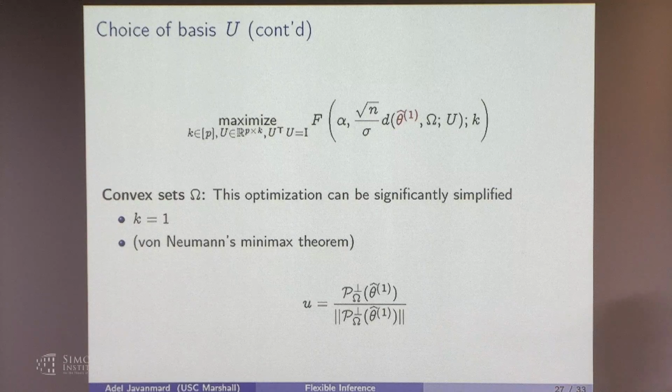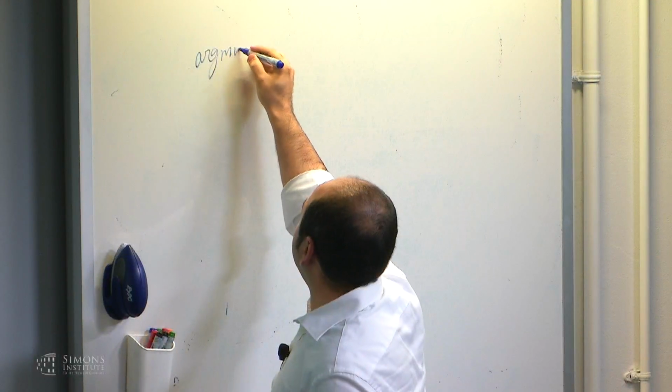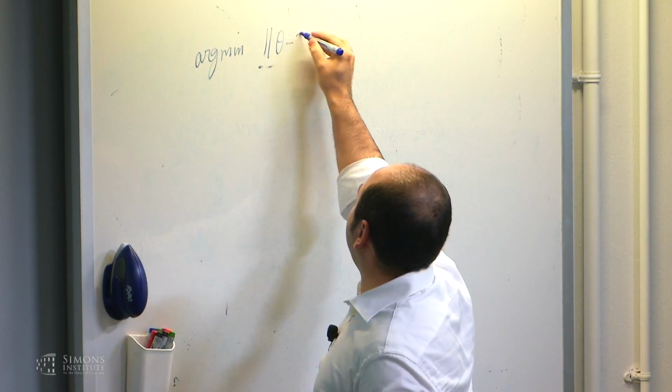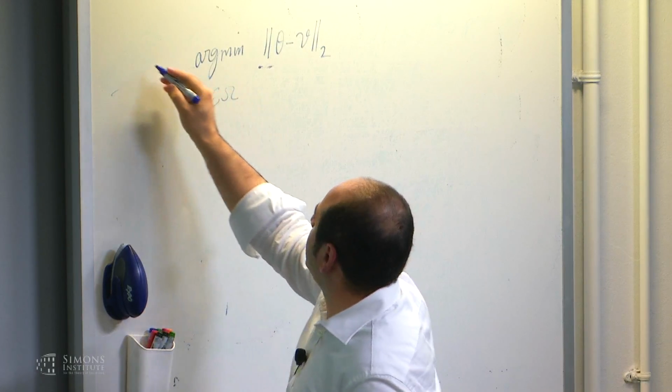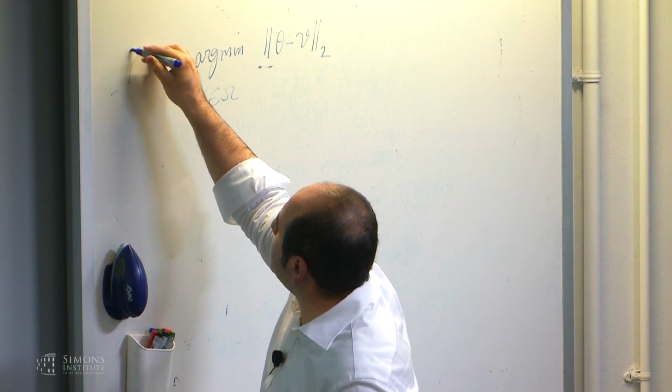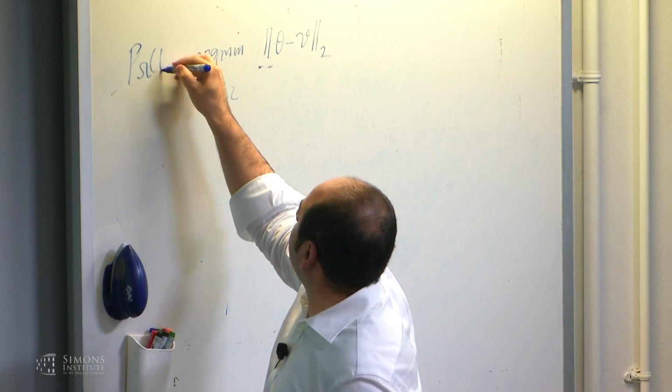So what's P of omega? It's just the orthogonal projection on the set omega. The argmin over v in omega of the distance to theta gives the projection onto omega of theta.